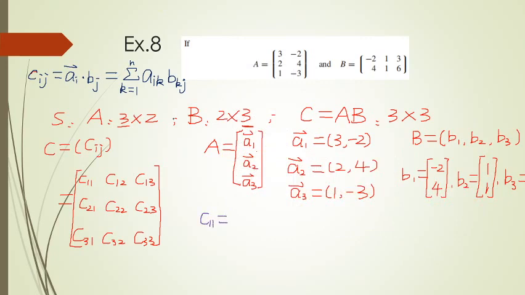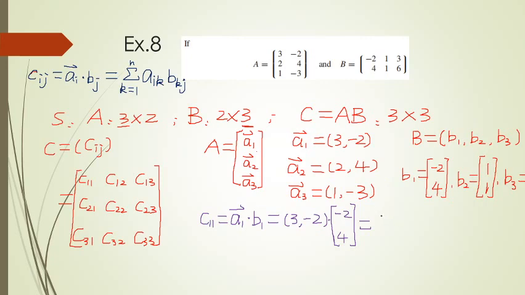C11, according to the formula here, i and j are both 1, so that will be the A1 row vector times the B1 column vector, right? So that will be (3, minus 2) times, no need to write the cross, it's a dot, (minus 2, 4). What does this mean? It's the sum of aik times bkj.